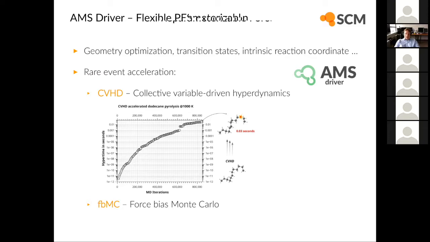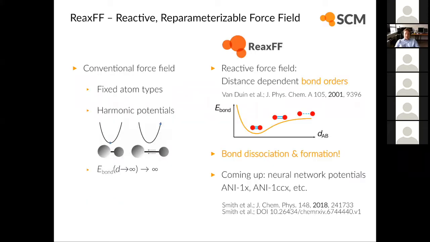In any case, what one actually needs in order to make this feasible for reasonably large models is a decently fast description of the system, a model. And for these purposes, usually ReaxFF is used. So this is a reactive force field, which means, as opposed to conventional force fields, it is able to describe the formation and dissociation of chemical bonds.